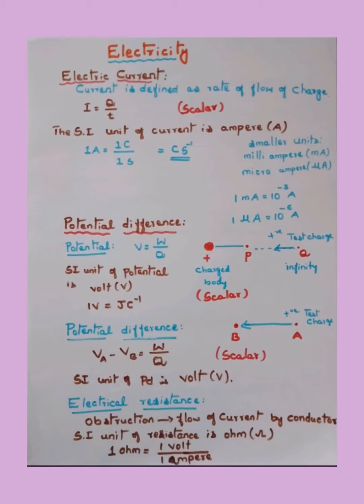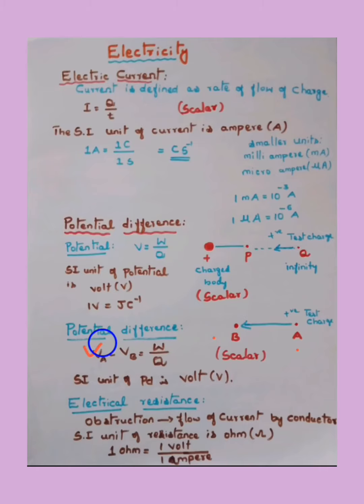Here we have taken point A and point B. For potential difference, the amount of work done per unit charge in moving a positive test charge from one point to the other point. So we have considered 2 points here, A and B. So from this A to B, we are bringing the test charge.